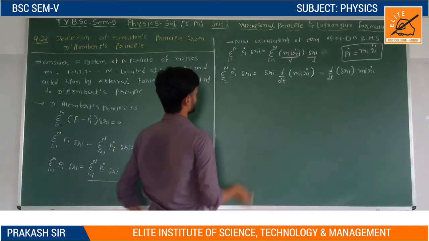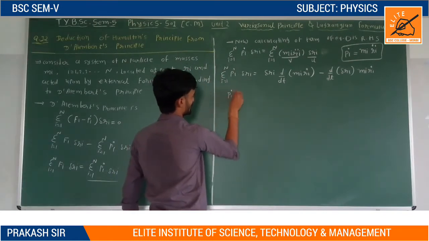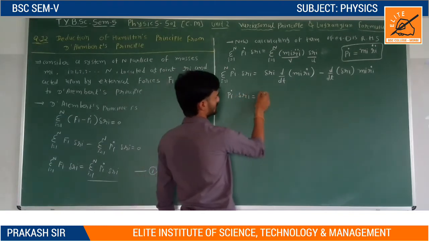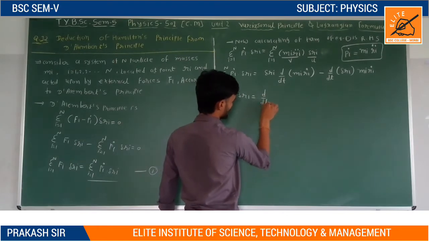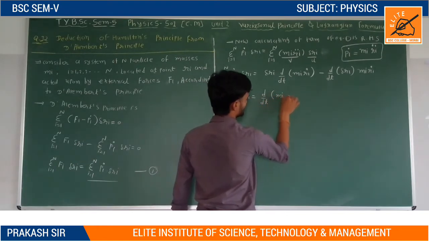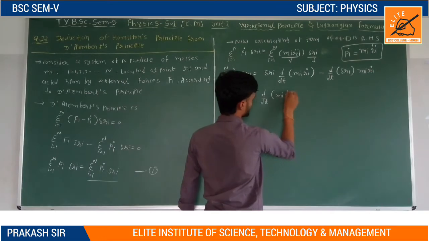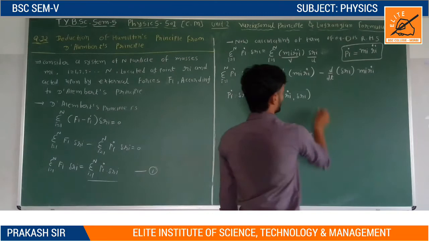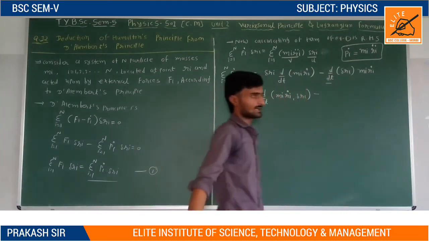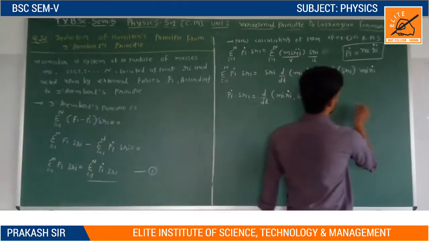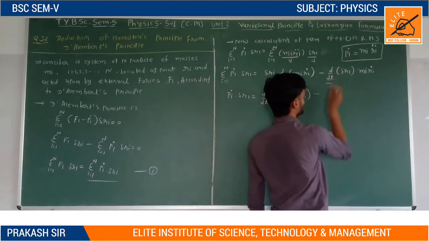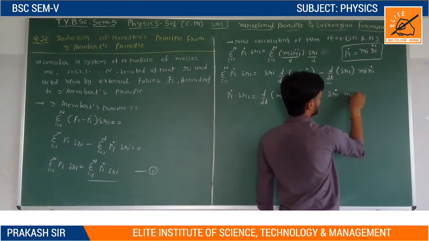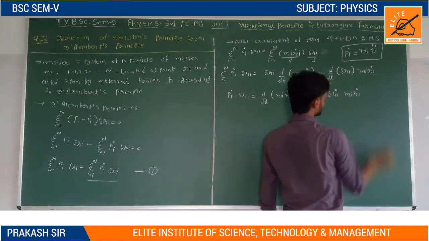Because of integration by parts, pi dot into delta r equals mi r dot into delta r, minus the derivative with respect to time of delta r, that is delta r dot, into mi r dot.